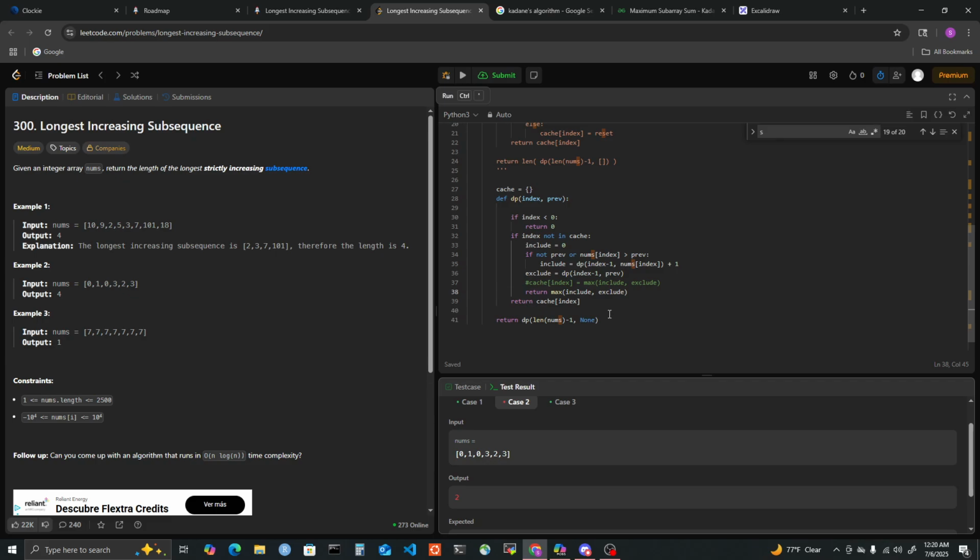A 2D array. I think that might have given at least an idea away. Maybe. We'll do -1.